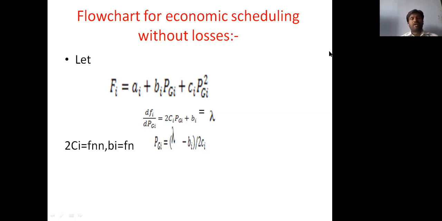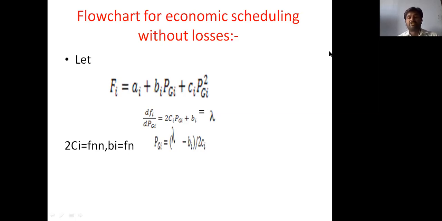Let the quadratic equation of power generation be the input: Fi equals ai plus bi times Pgi plus ci times Pgi squared. Here Fi is the fuel input of the system and Pgi is the power generation, that is Pn. Differentiating with respect to power generation, dFi by dPgi equals 2 times ci times Pgi plus bi, which equals lambda. Here 2ci is fnn and bi is fn.